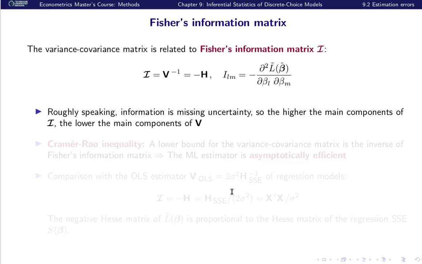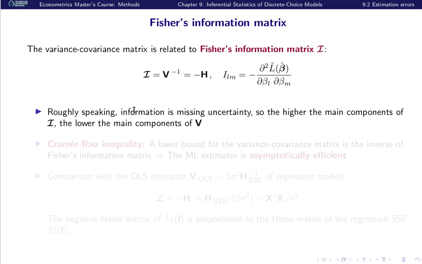We can also show that under these conditions the maximum likelihood method is even efficient. For this we relate the inverse of the variance-covariance matrix with Fisher's information matrix. In a way, the more precise your data are, the more information you have. So it's quite plausible that the information matrix is sort of the inverse of the variance-covariance matrix, giving all the uncertainties.